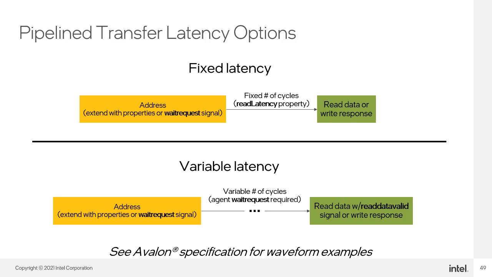Then, when data is available, the agent deasserts wait request and provides the data with an additional signal named read data valid. The host only accepts data validated with this signal. For writes, the agent again provides a validated write response. For detailed timing waveforms of both fixed and variable latency pipelined transfers, see the Avalon specification.